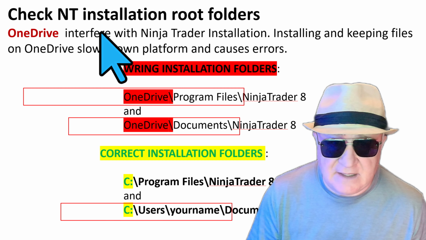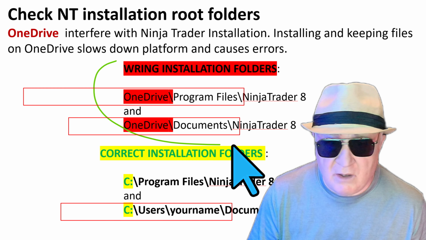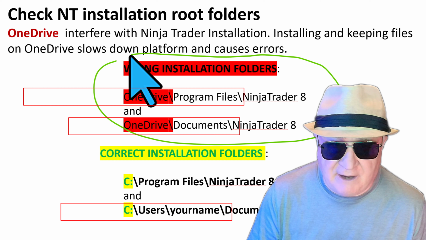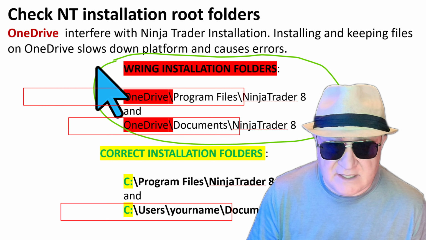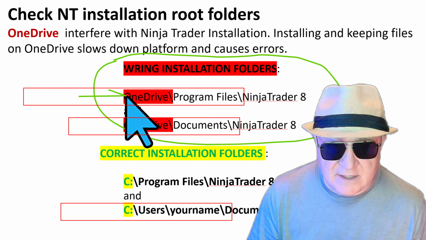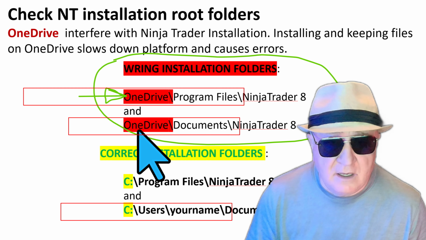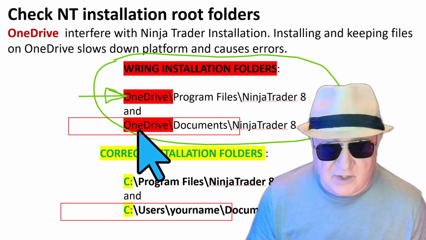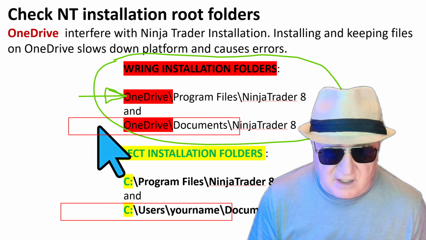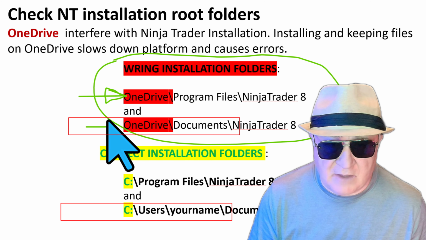So this is an incorrect place for the installation and files of the Ninja platform. It was actually installed this way on my computer one day. So before you update to a new version, go and check where your NinjaTrader platform is installed.